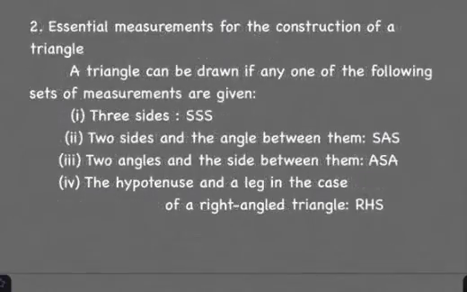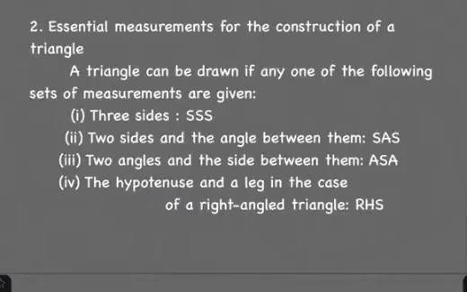Now, later in the chapter on congruence of triangles, we saw that a triangle can be constructed if any one of the following sets of measurements is given. If three sides are given, we can name it the SSS postulate or SSS criterion.